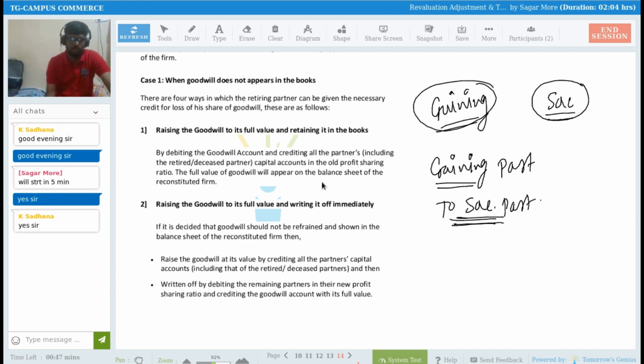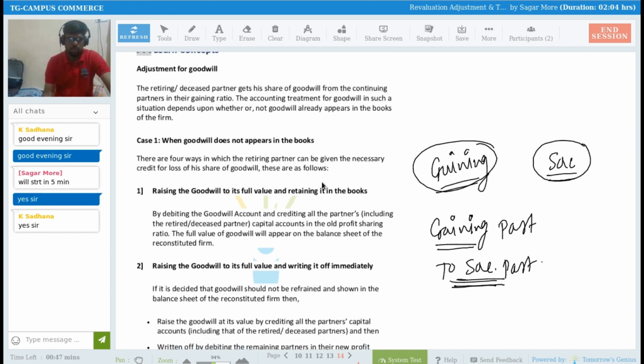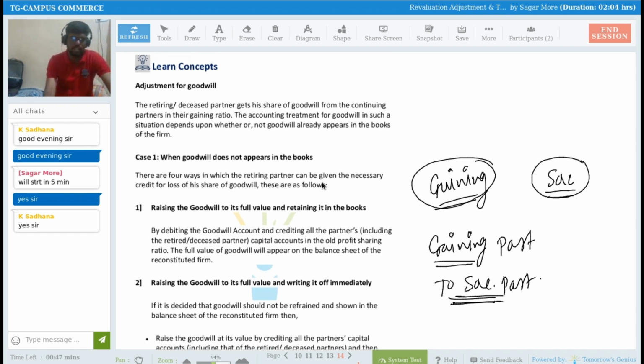Okay. See, there are different cases. Case number one, I'm discussing this from the CA Foundation point of view. When goodwill does not appear in the books, there are two options: raising the goodwill to its full value and retaining it in the books, or raising the goodwill to its full value and writing it off immediately.